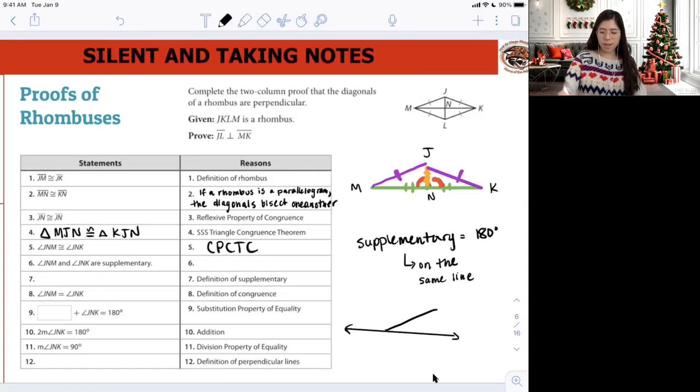So if you've got two angles, those are going to be supplementary angles because they're going to add up to 180 degrees. So that right there, does anyone want to take a guess as to what the reason is going to be? It has to do with being on the same straight line.